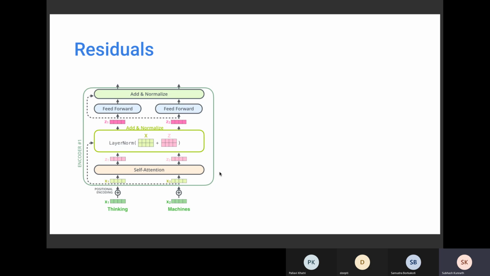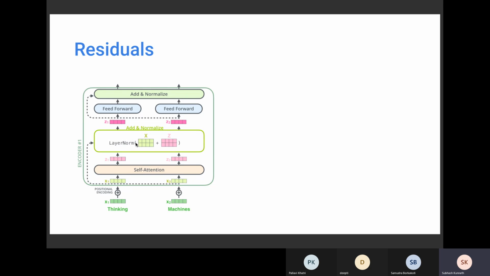Then the whole thing is somewhat normalized, and it captures how much the values differ from the mean value. You won't have very large values or very low values, it will all be normalized.